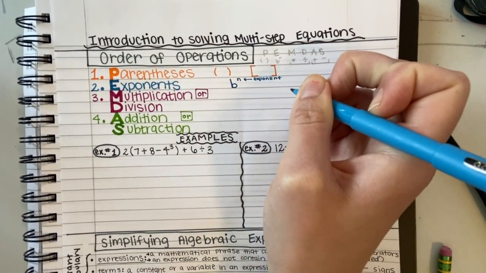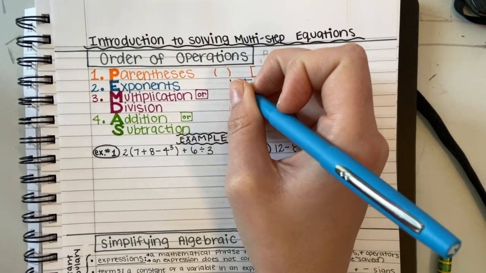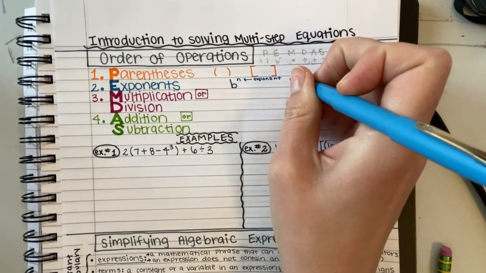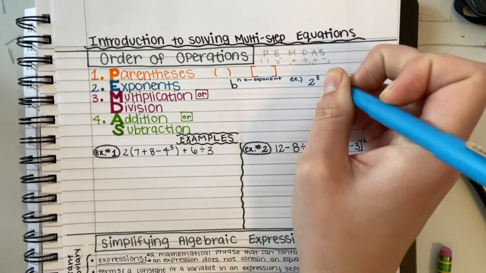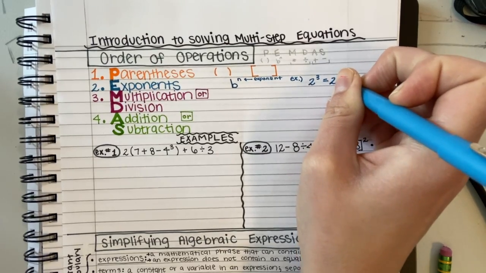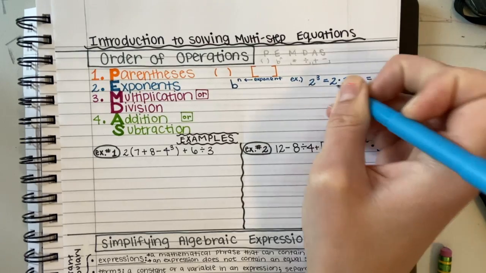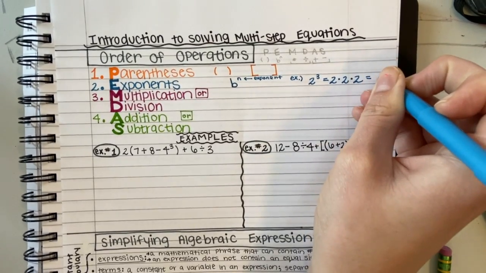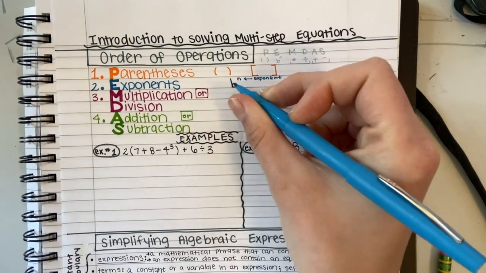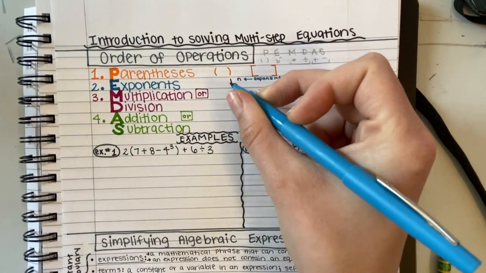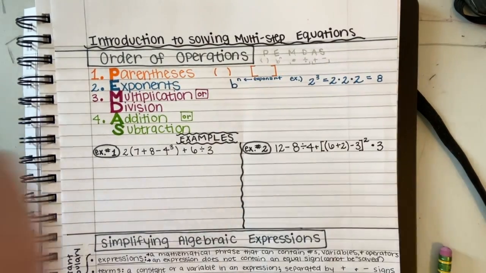That number tells me how many times I'm going to multiply the base by itself. So my example can be 2 to the power of 3. That's just 2 times 2 times 2. 2 times 2 is 4, 4 times 2 is 8. So remember that the exponent is a very specific type of operation, and that's the second thing we are allowed to do in the order of operations.